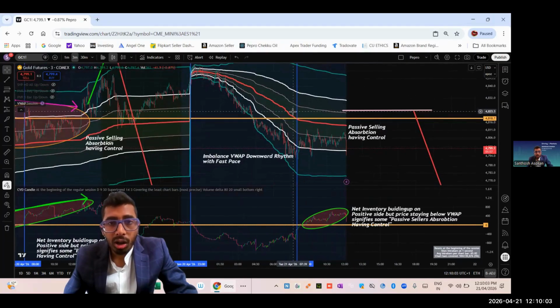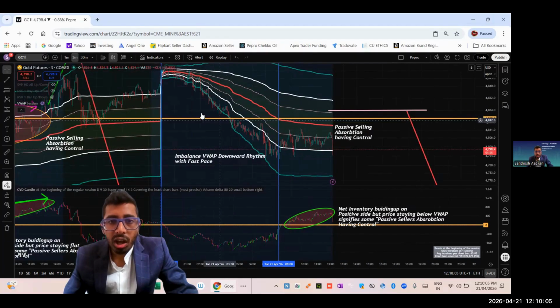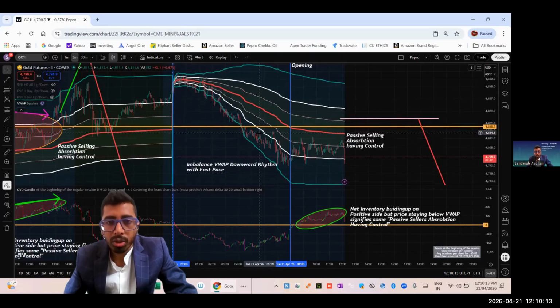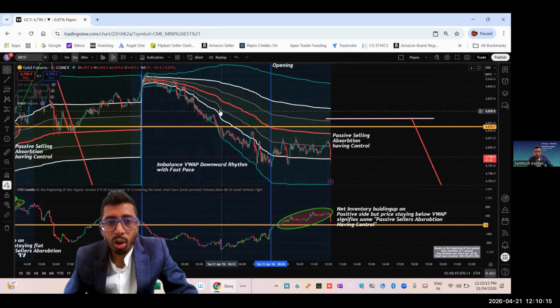In the morning overnight session, I can see a clear rhythm in the VWAP zone, a fast-paced rhythm. So I will be entering short on the plus or minus 1 standard deviation white line and exiting near the green line. That's how some of the scalps can be done on a fast-paced downward rhythm.